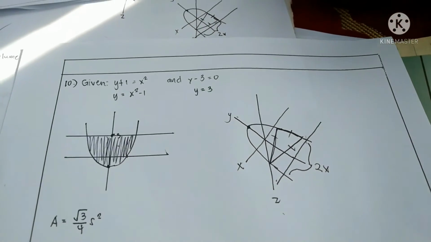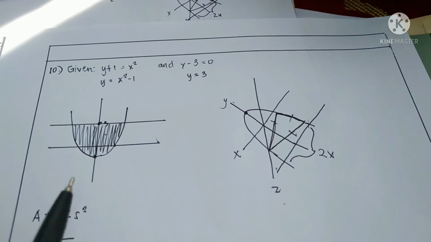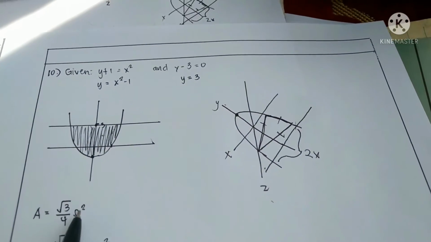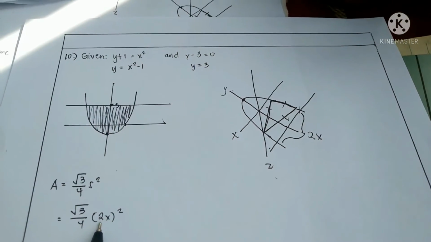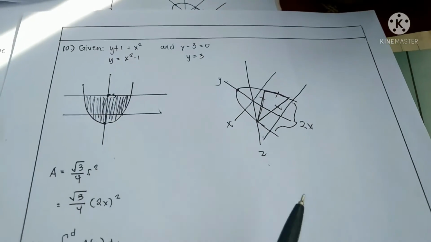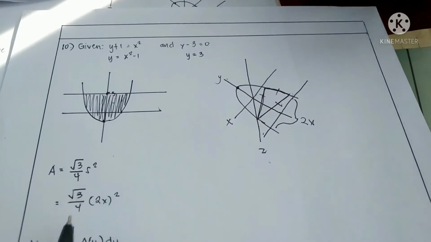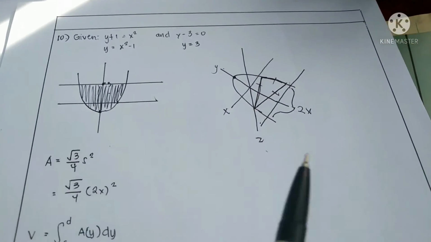So as we all know, the formula of area of an equilateral triangle is the square root of 3 over 4 s squared. So plug in lang natin yung 2x dito sa s. So magiging square root of 3 over 4 times (2x) squared.